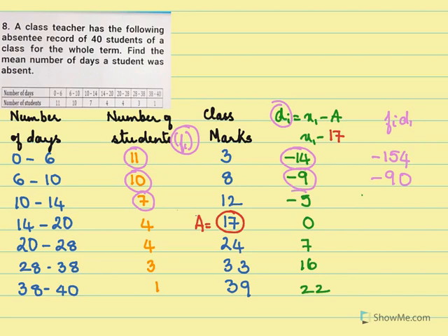Oh, that's wrong. We need to do 7 into minus 5 with fi di, and this would now be minus 35. So this is fi into di: 0, fi 4, di 7, 30, 28.